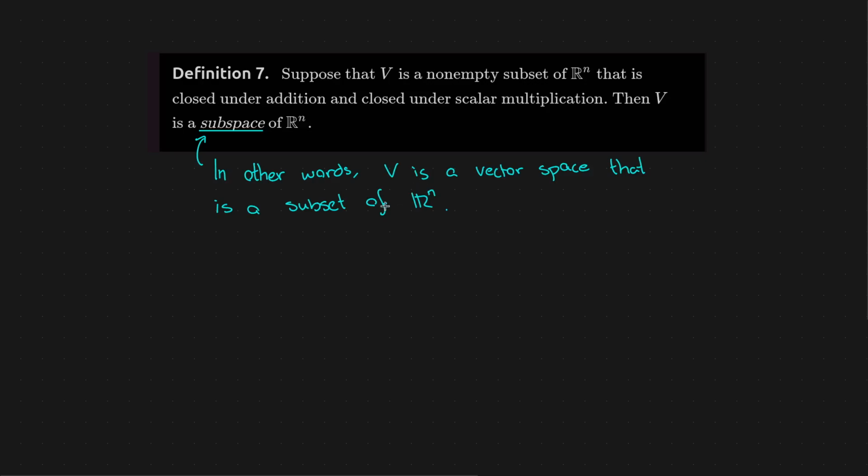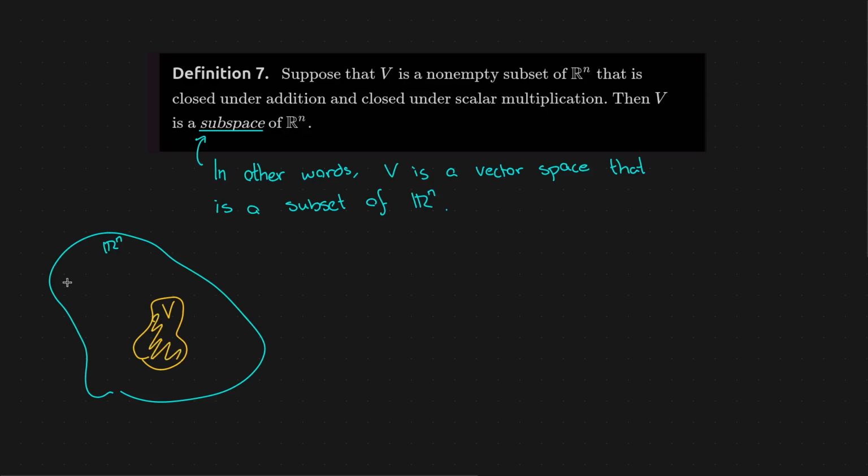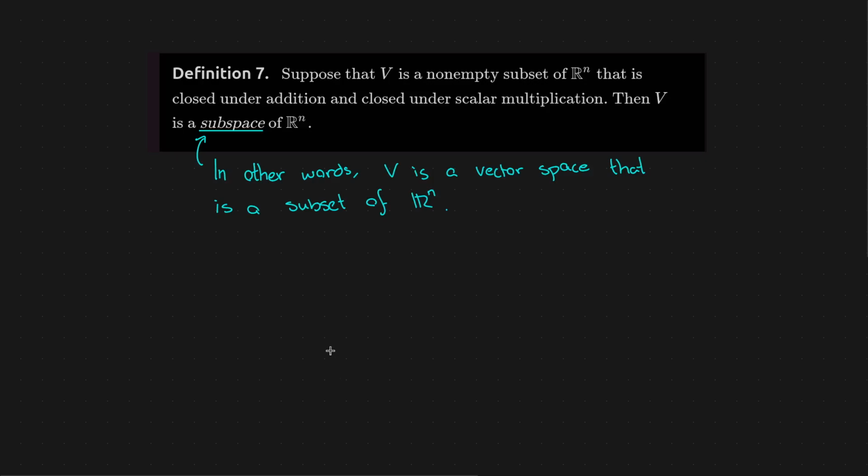But if I take a subset of Rn, that means V is some section of Rn. So if this is Rn, for example, then V might be some piece of it. Okay? Not all of it, but some piece of it, which means everything that's in V is also already in Rn, right?